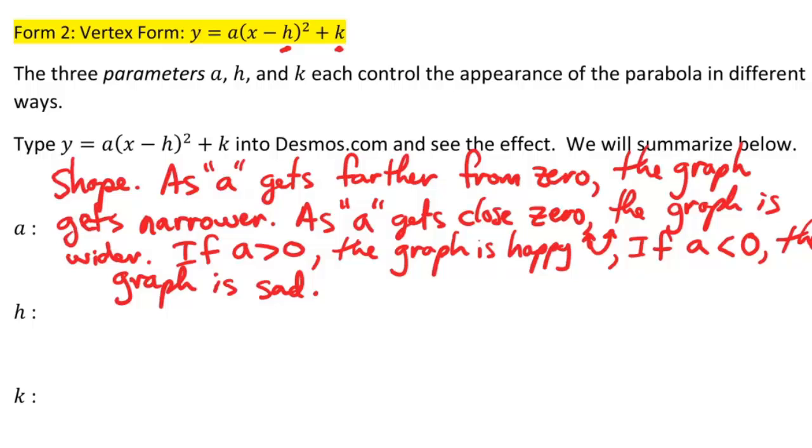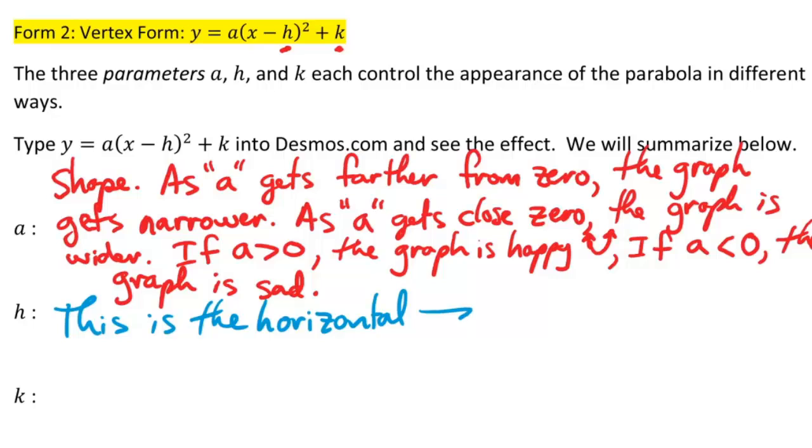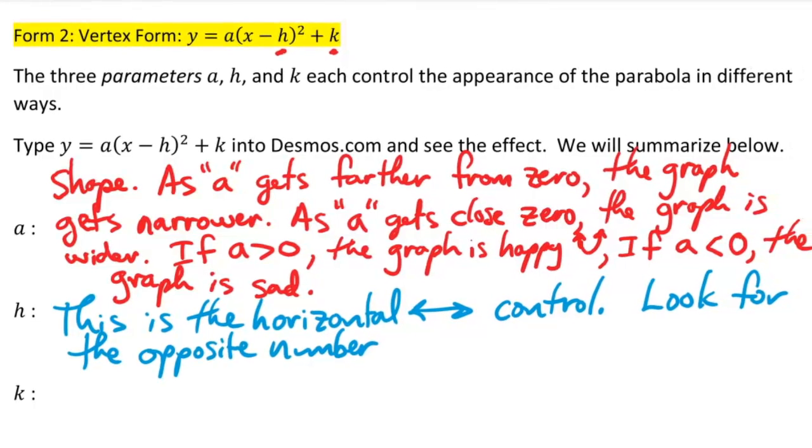Now what about H? This is the horizontal. You know, just like the horizon goes left to right, horizontal is a left to right control. And when we look at the equation, we're going to look for the opposite of what's in x minus h.